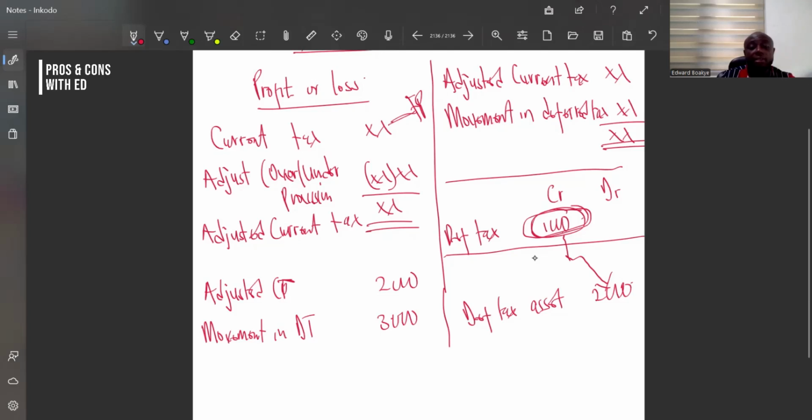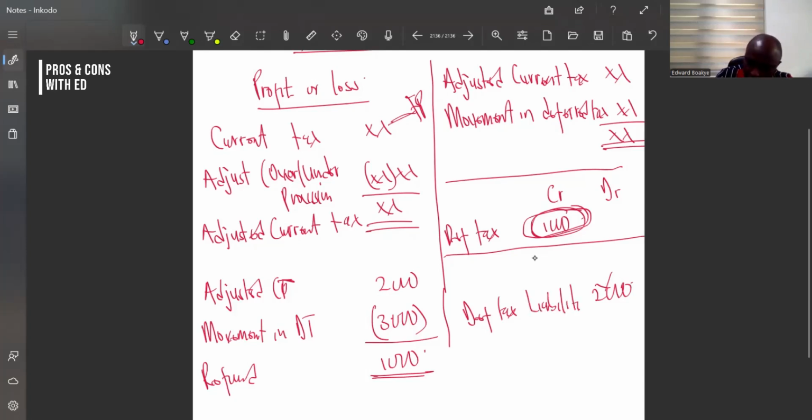And if it is an asset, it's not a liability, so it's not something that we are going to pay. So if it's an asset, we have to reduce whatever we are paying by the asset. In this case, we will be getting a refund of 1,000 cedis. Instead of a liability, we'll be getting a refund.